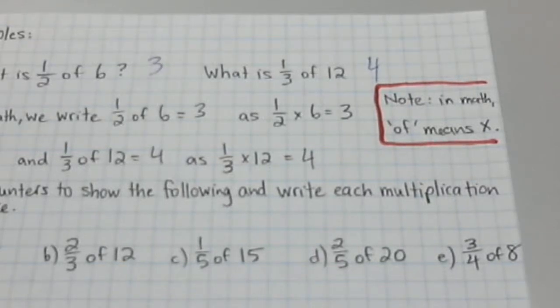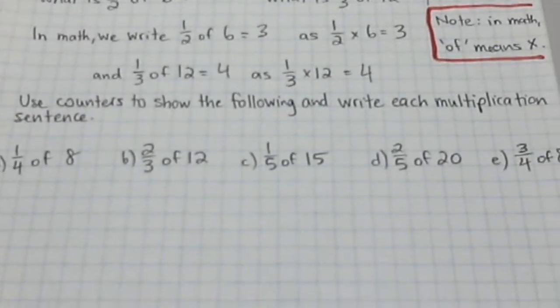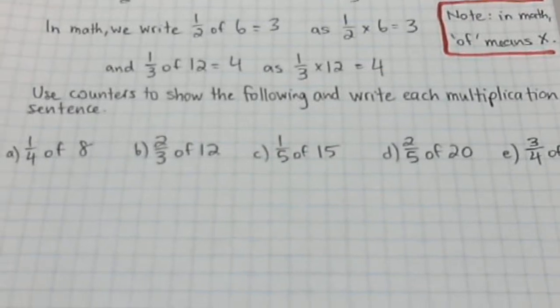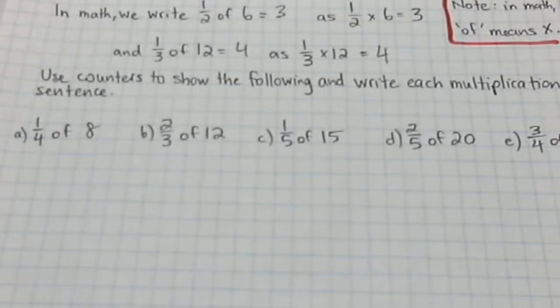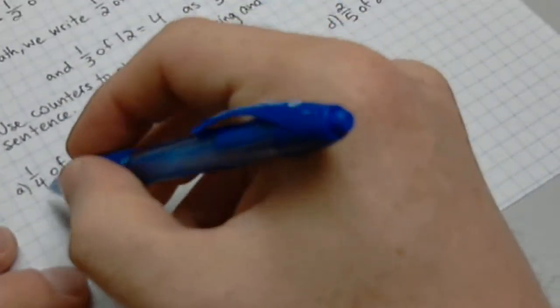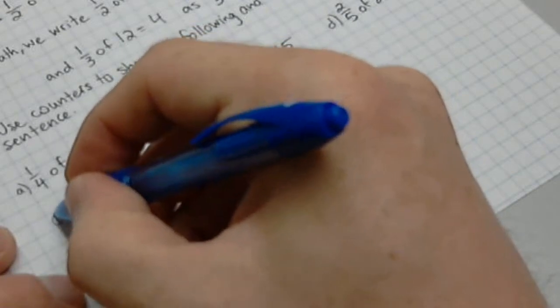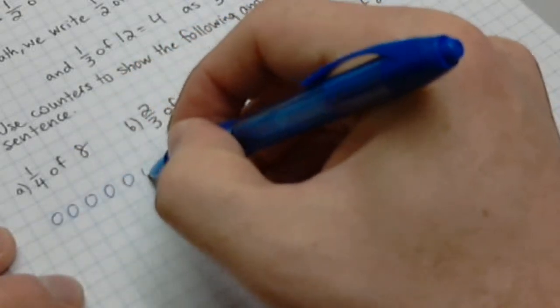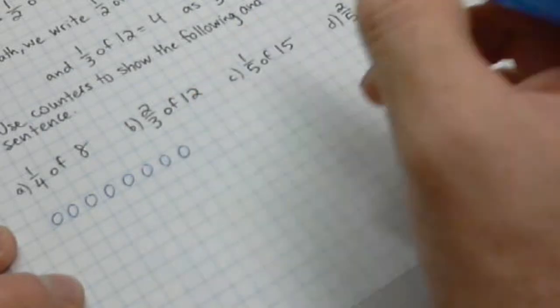Now, one of the things that we haven't done a lot of yet is using counters to show the following and to write each multiplication. So we're trying to look at a quarter of 8 as our first question. If I use counters, I'm going to draw out 1, 2, 3, 4, 5, 6, 7, 8.